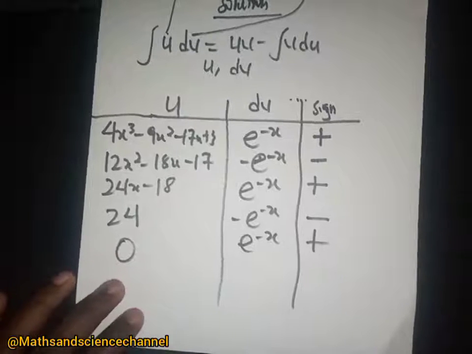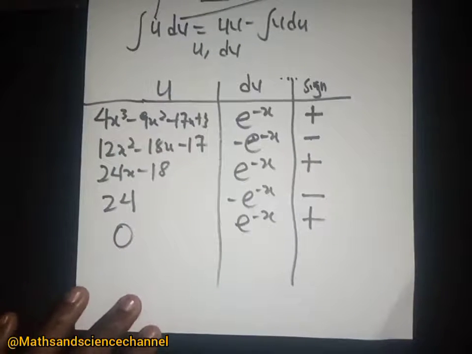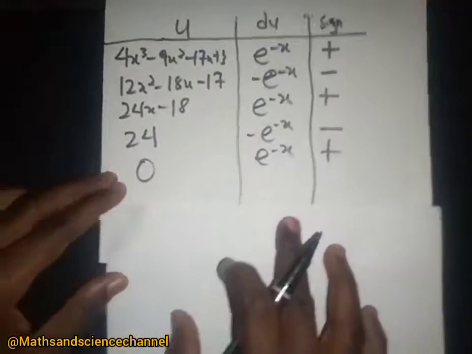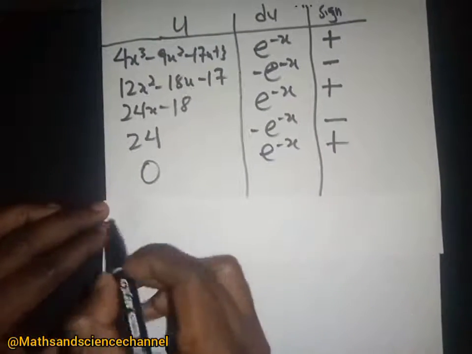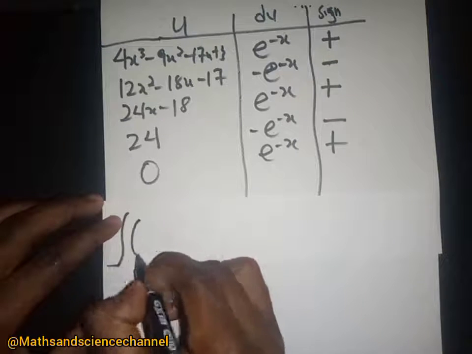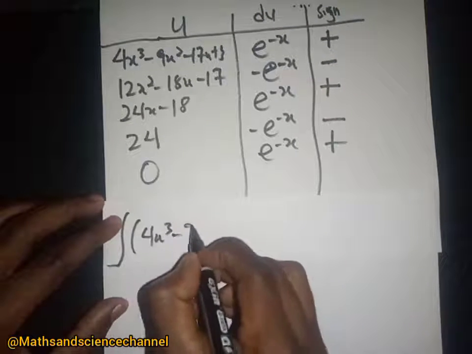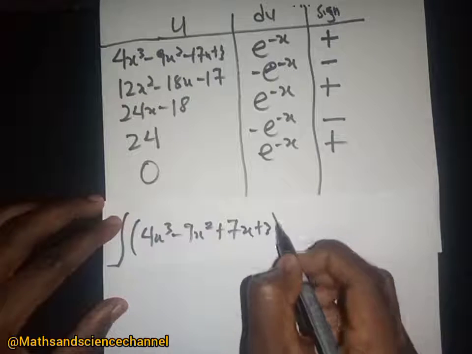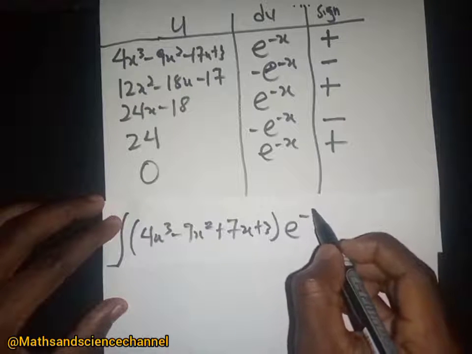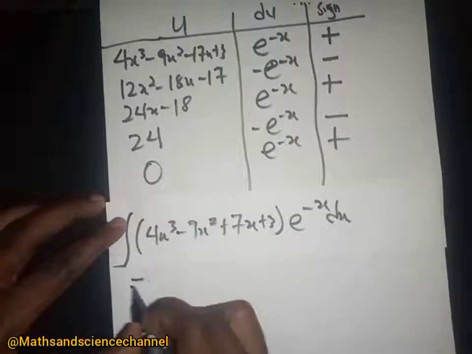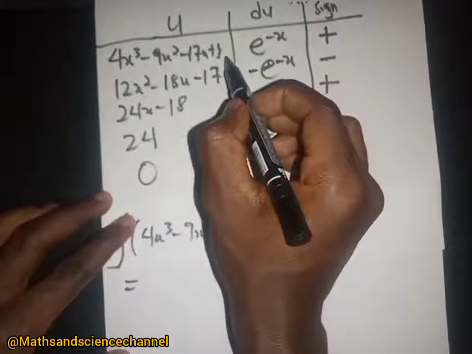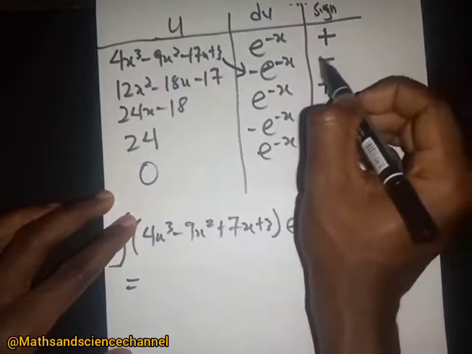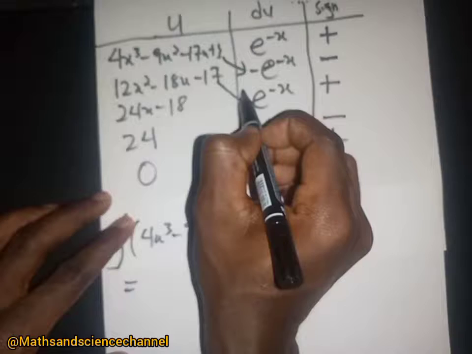Now if this is what we've gotten, then our integral of 4x cubed minus 9x squared plus 7x plus 3, times e to the power minus x dx, will be equal to, so what we'll do is we take this multiplied by that, then minus this multiplied by that.